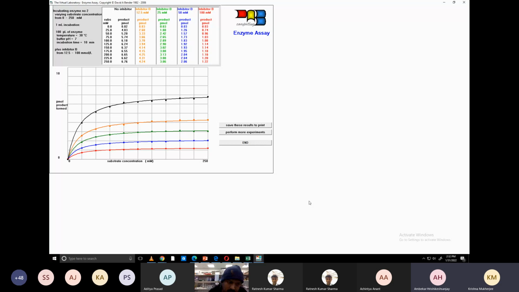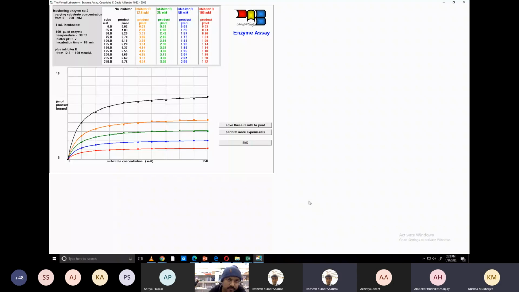But as you can see, these plots are different at different inducer concentrations. If the V versus S plot is different, then whether I am doing 1 by V versus 1 by S, or V by S versus V, these plots will have different slopes and different intercepts. So I do not understand what is your confusion.